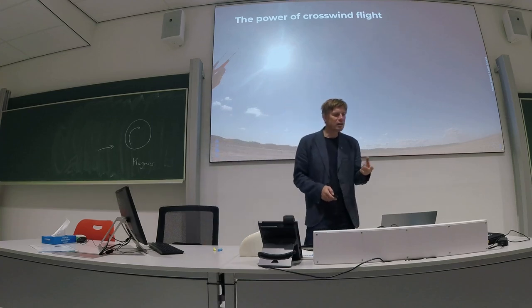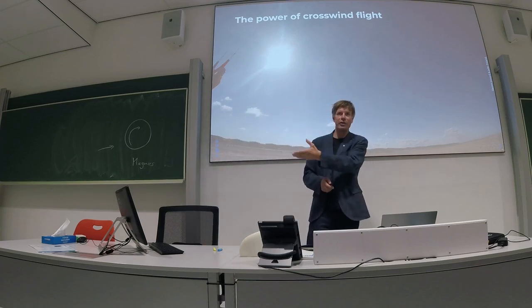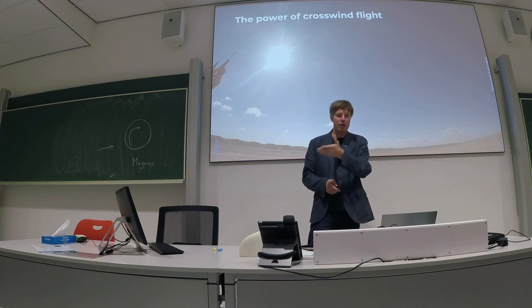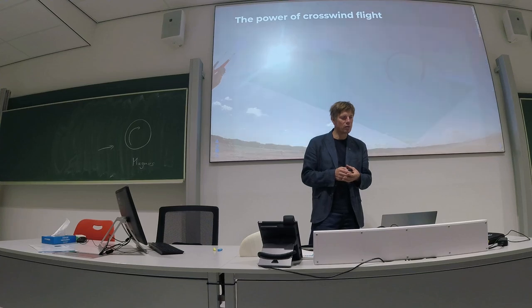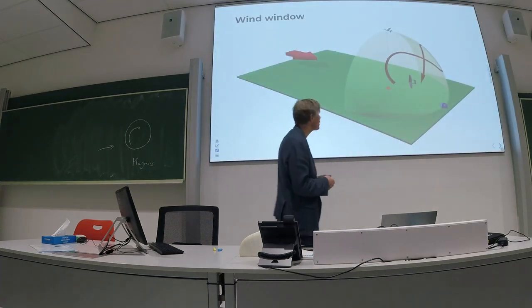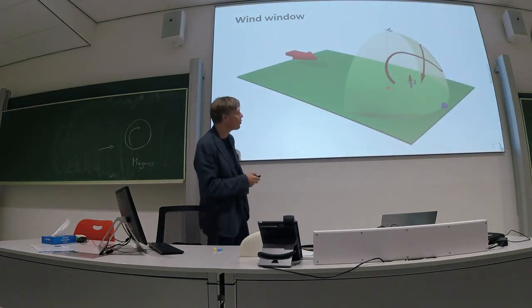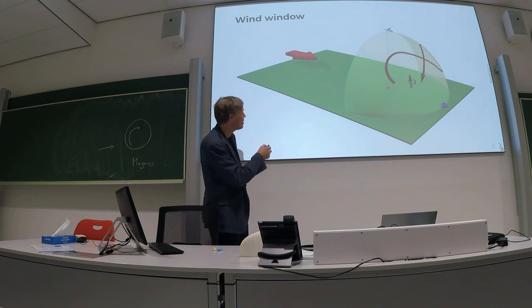And this alternation between crosswind and no crosswind, that's what we use in the pumping kite concept. And here it's again just illustrated what crosswind is. Basically that's the wind velocity, that's the ground station, the kite.